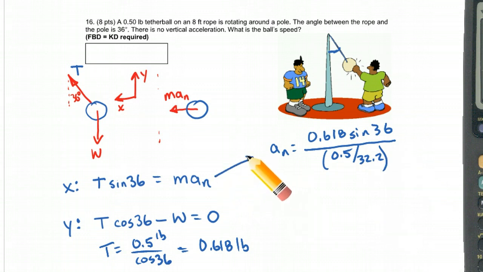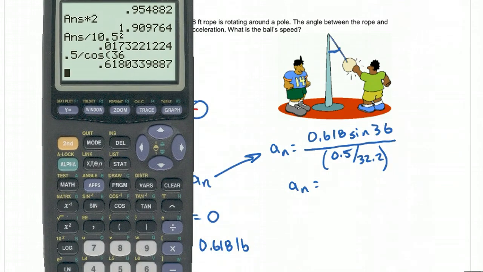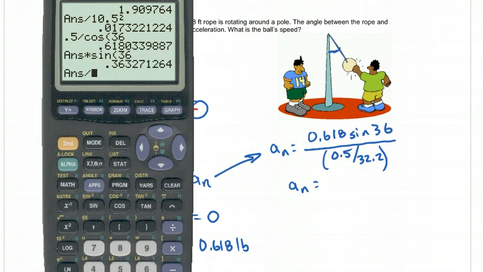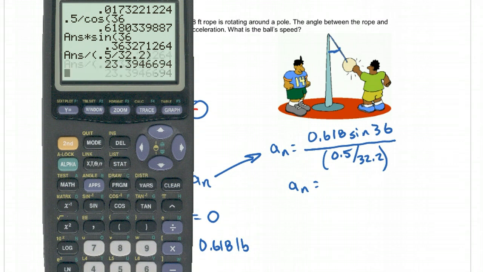That just comes from that equation right there. That's going to give us a normal acceleration. I'll go ahead and get a number for that: 0.618 times sine 36 divided by 0.5 divided by 32.2, quantity.